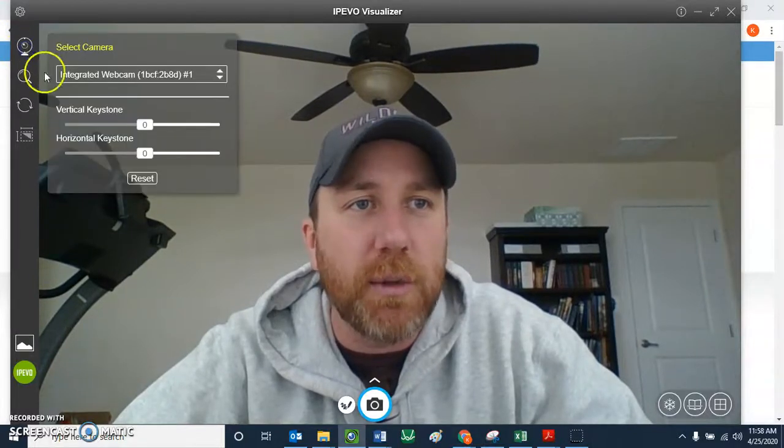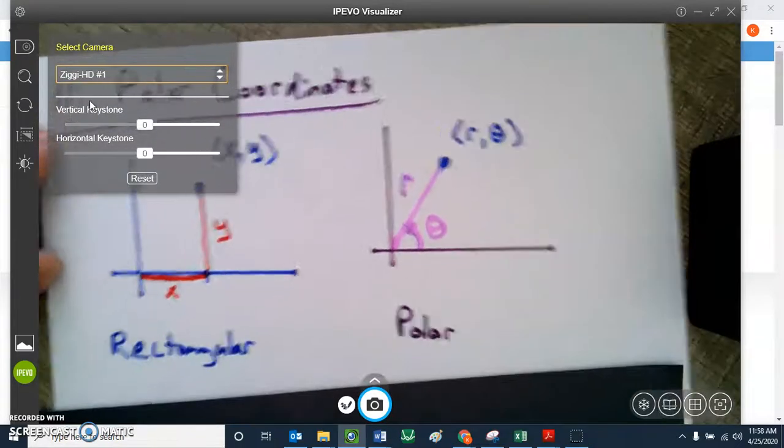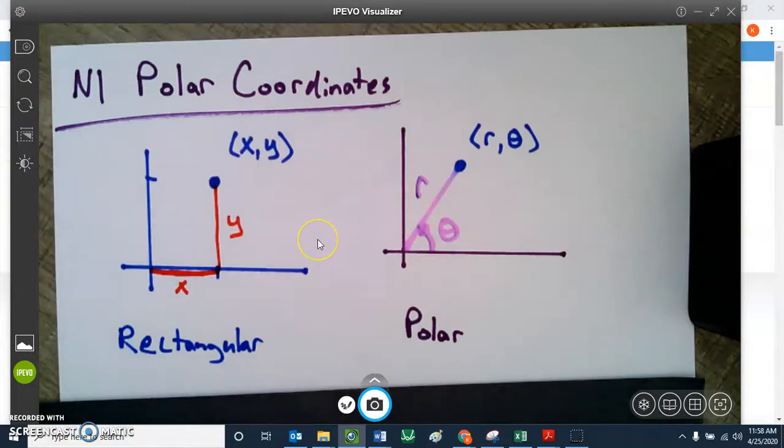So I'm going to switch it over to my document camera, and very first thing, I'm just comparing what we know. Rectangular coordinates, those ones in blue, they make rectangles. Left and right, 90-degree angles. So we have how far over in the x, how far up in the y, and we get this ordered pair for rectangular coordinates, a spot in space. Well, we can get to that same spot in space if we know what direction to aim, where am I going to face, and then how far out am I going to walk.